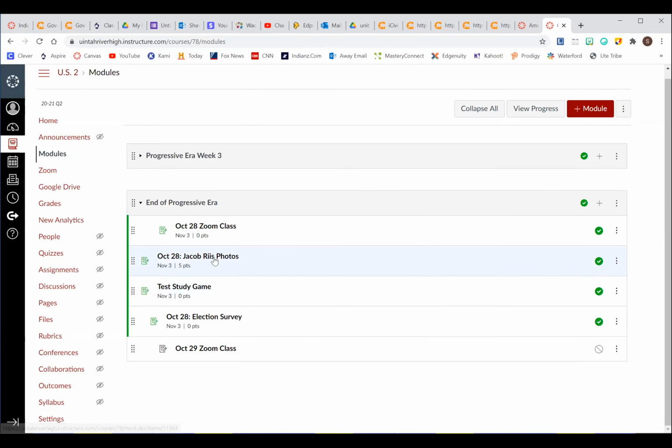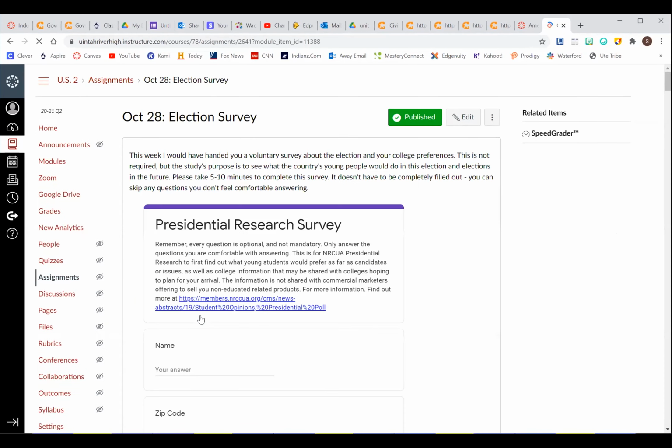So finish up the Jacob Riis photos assignment. There's a study game for tomorrow's test. This is something that's completely optional. I was going to give you guys a survey that you could fill out if you wanted to. It's just about what young people would want to do and what's important to them with this upcoming election. This is not mandatory.